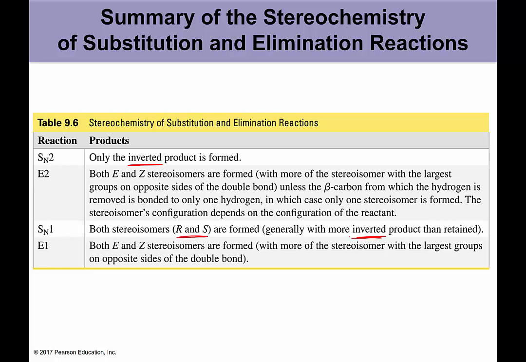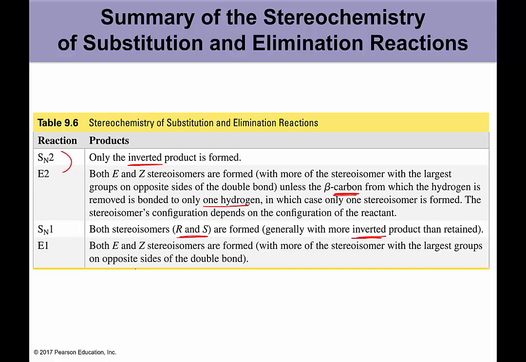For E2 reactions, again, SN2 and E2 are concerted reactions. You tend to get both E and Z isomers where the largest groups tend to be opposite of each other. The only time that doesn't happen is if the beta carbon, where you're taking the hydrogen from, has only one hydrogen, and that tends to limit you to one stereoisomer that's formed.